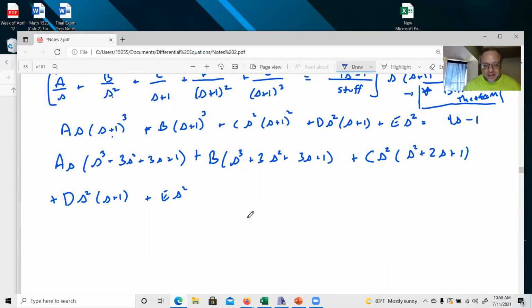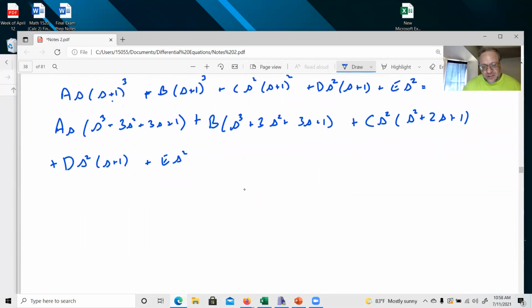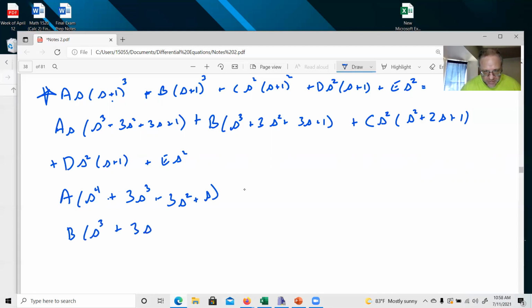Now I'm going to go ahead and distribute the s's in just so that I have a real clear accounting of what has to happen. So we're going to say this is A s to the 4th. Actually, keep this line in your memories. We're going to come back to that. And I have 3s cubed plus 3s squared plus s. Here's my B: s cubed plus 3s squared plus 3s plus 1.